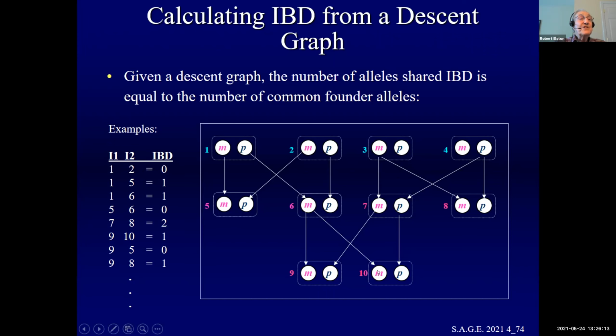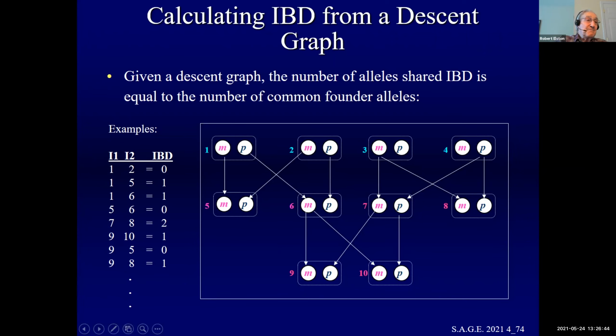They have just this one identical. And this one comes somewhere else. 9 and 5, they don't share any alleles identical by descent. Nope, they don't. 9 and 8 share 1. 9 and 8, yes, they've got this one founder allele, identical.